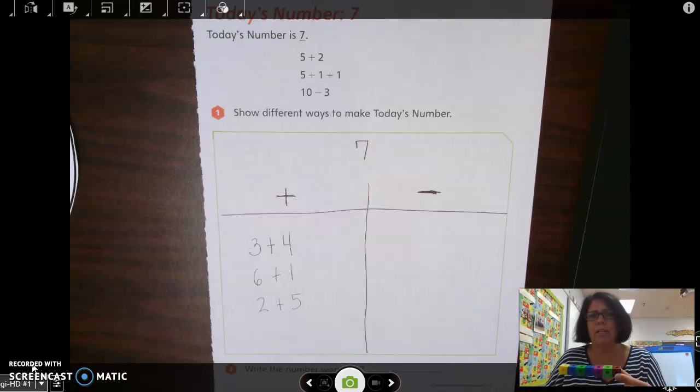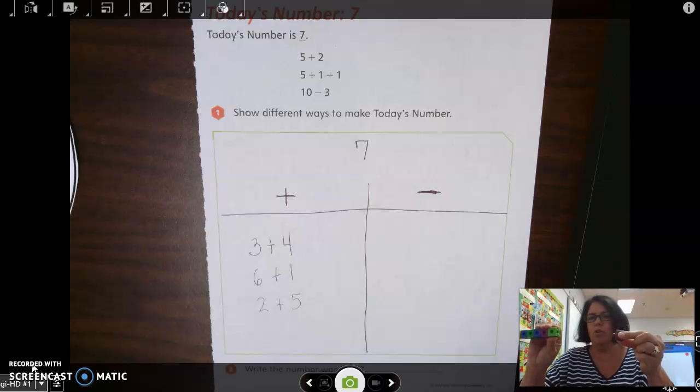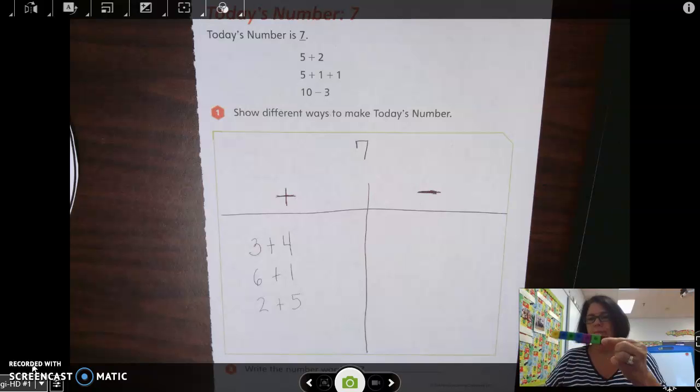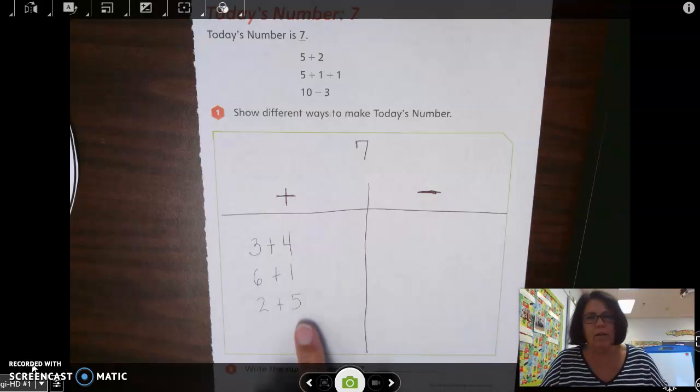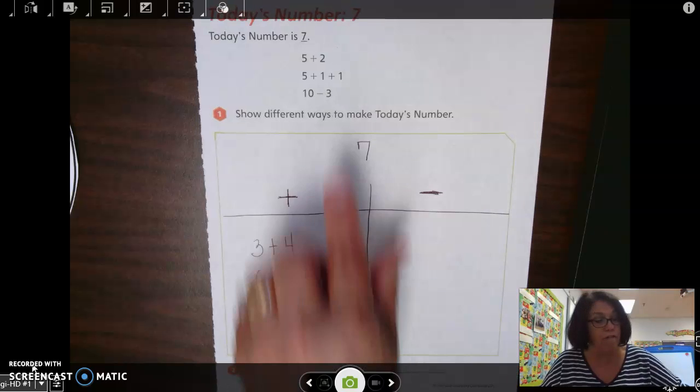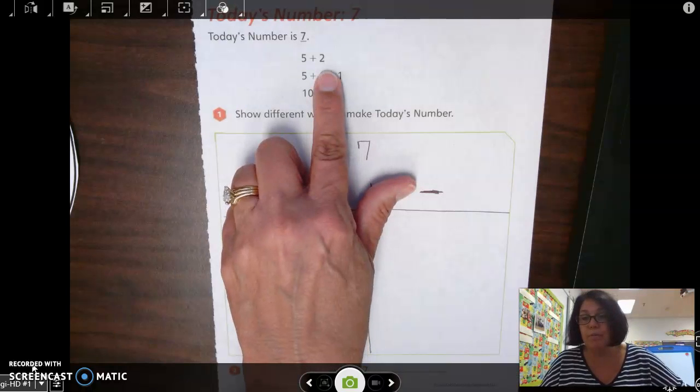All right, now let's take a look at 6 plus 1. So if I've got 6 cubes, 1, 2, 3, 4, 5, 6, and I add 1 more cube to it, you can see I've got 7. All right, now this bottom one here, 2 plus 5, that is just a different order of 5 plus 2. And we've already said order doesn't matter.